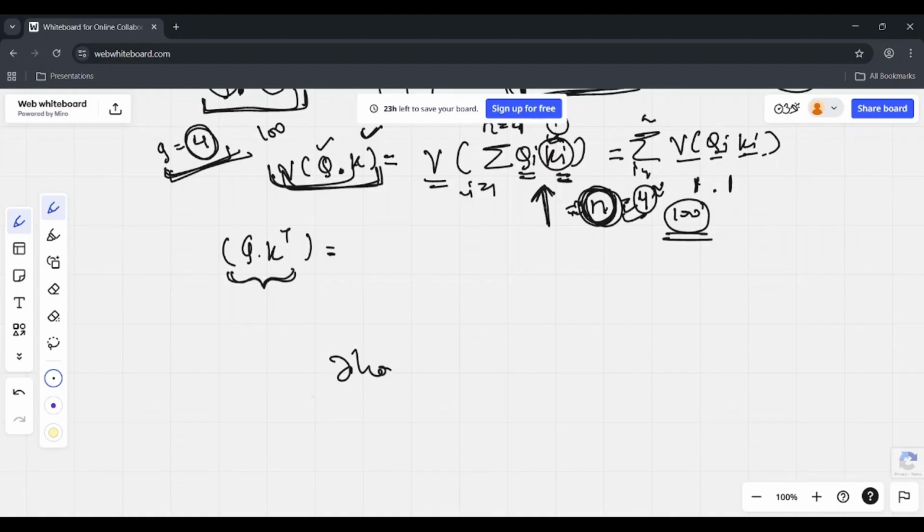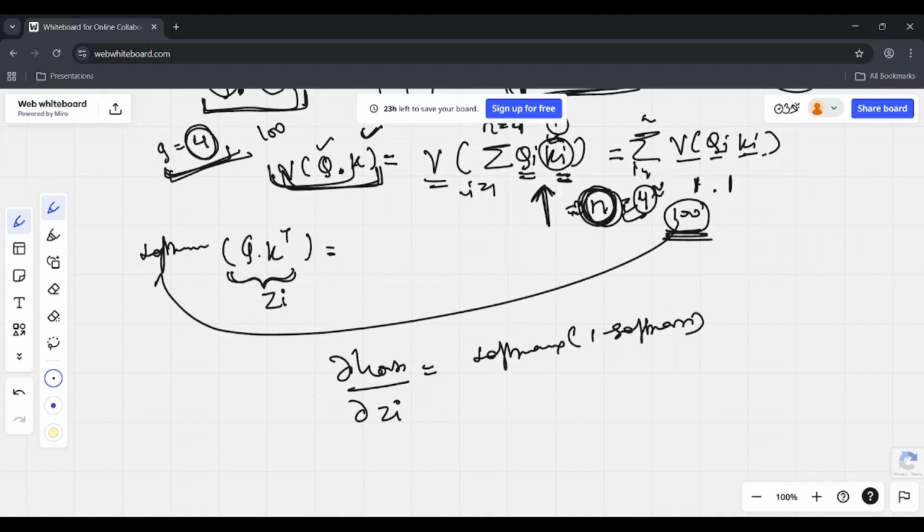And since these values are scattered, what will happen if I find out my loss with respect to this, let's say I call it Zi? With respect to this Zi, that will be softmax times 1 minus softmax. Why? Because the problem is not high variance. The problem is the softmax that we are applying.